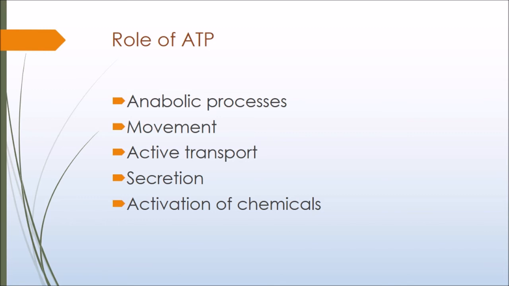Okay, why do we need this ATP? The first role of ATP in the living organism is in anabolic processes. Anabolism is the production of complex molecules from simpler ones.